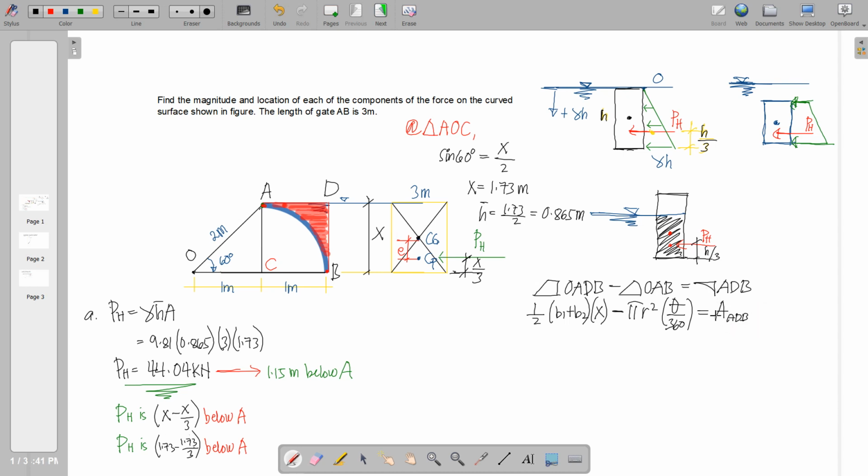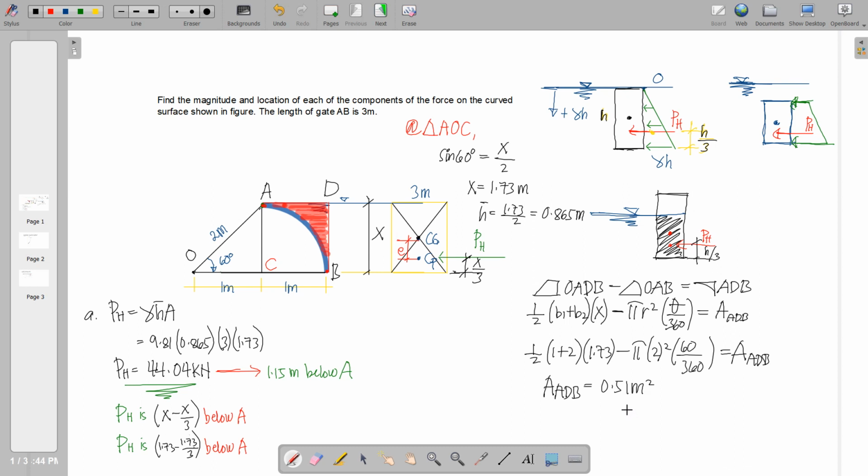Say I'll just label this as the area of ADB. So from this, we have 1/2, the upper base is 1, the lower base is 2, x is 1.73, minus pi times 2 squared. Then the angle is 60 all over 360 degrees. So we can compute this to be the area of ADB.